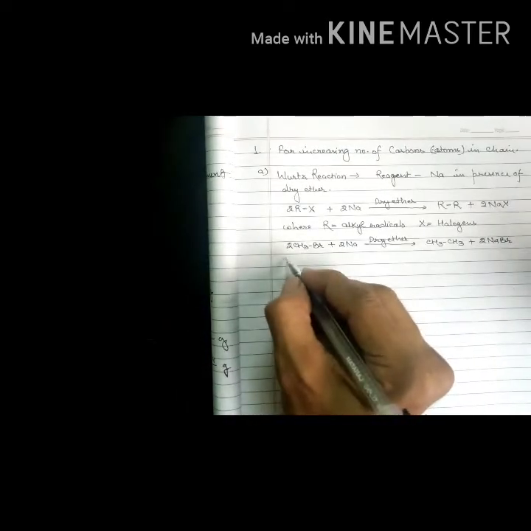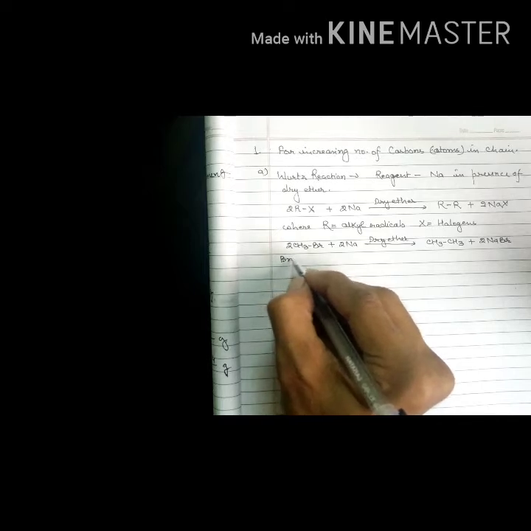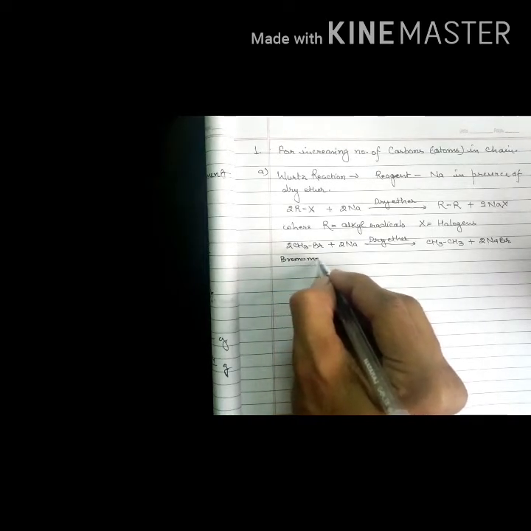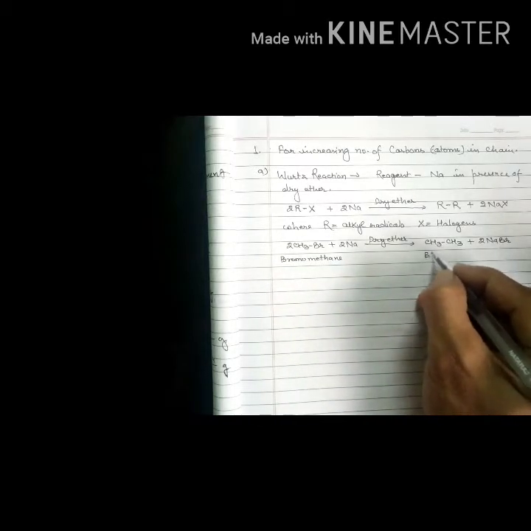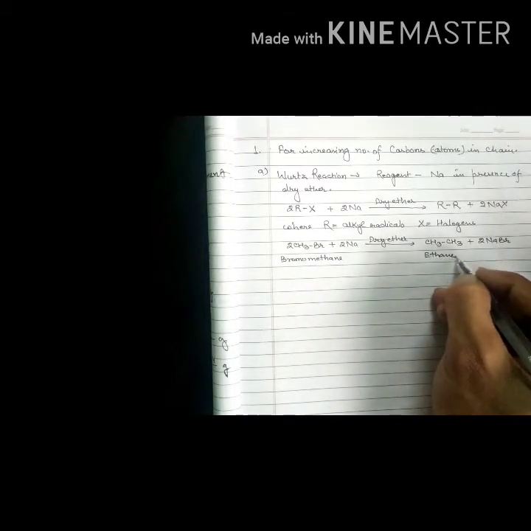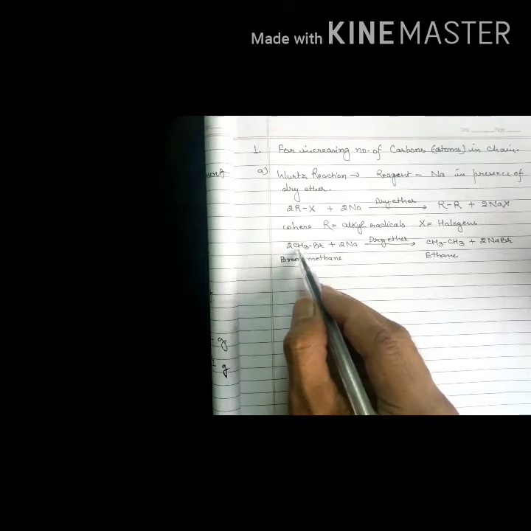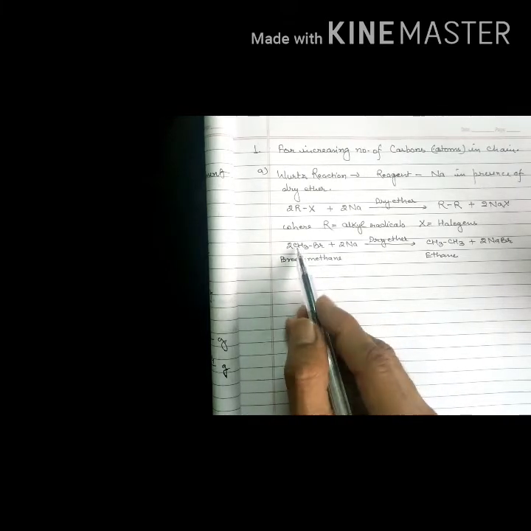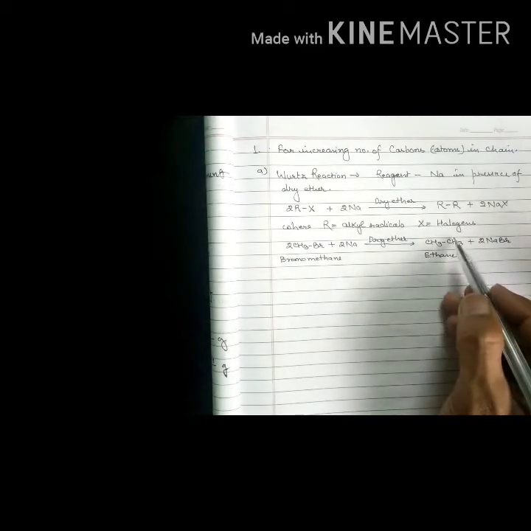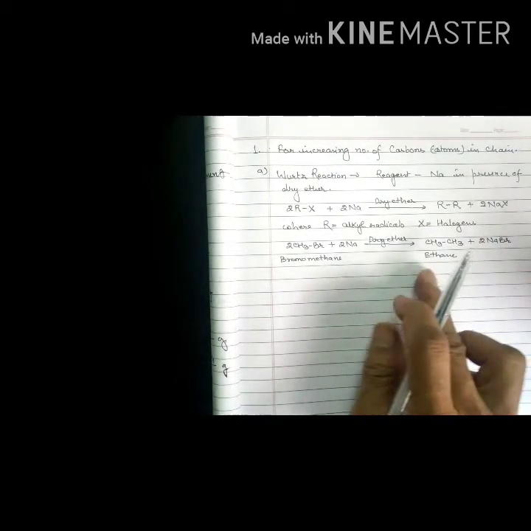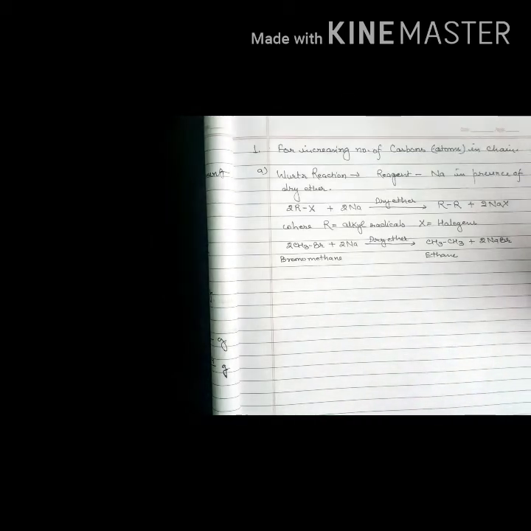So this is bromomethane and this is ethane. Here you can see one molecule contains only one carbon while the product contains two carbons. So in this way you can increase the number of carbons in a chain.